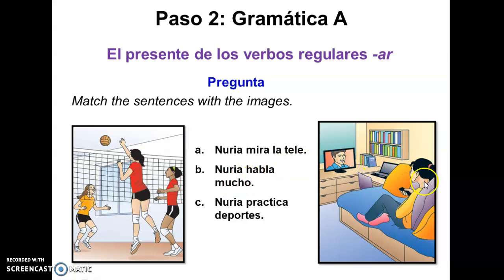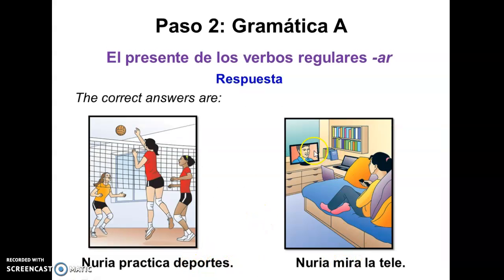Habla mucho. No, we don't see that she's talking to anybody, and so probably that's not the one that we can match with the image. But Nuria practica deportes. So this is Nuria, and she's playing volleyball. So yes, Nuria mira la tele, Nuria practica deportes. Those are the two correct answers.